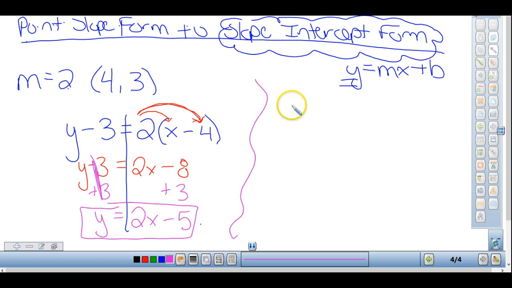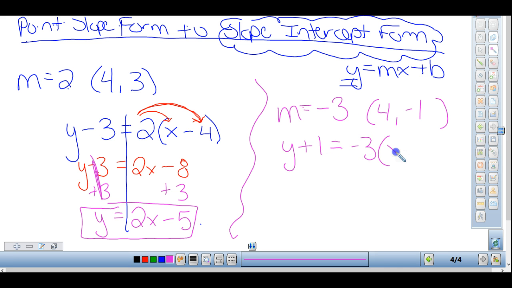If we've got another one, m equals negative 3, and I have the point (4, negative 1). Now we've got y plus 1 equals negative 3 times x minus 4.